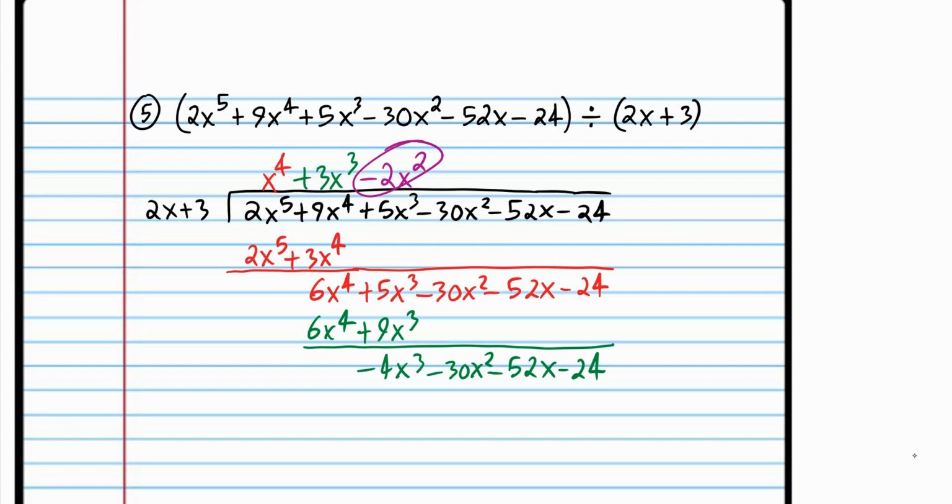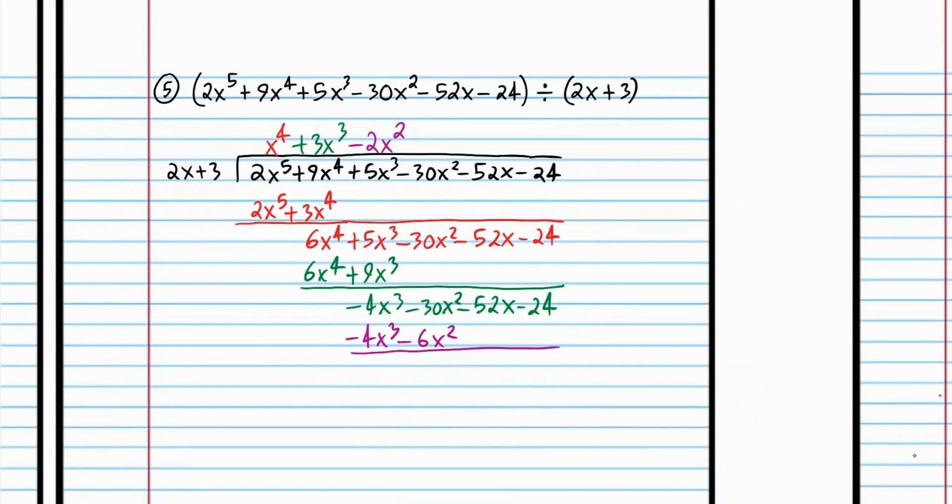Step number 2, we multiply that number by the divisor, and we get negative 4x cubed, and that's where we came up with that number because these need to cancel out. Negative 2x squared times 3 is negative 6x squared. So we multiply this term by the whole divisor using the distributive property.